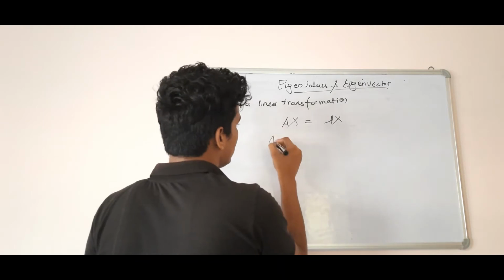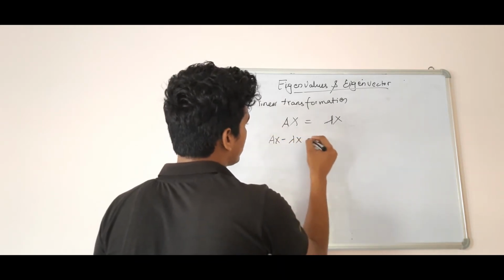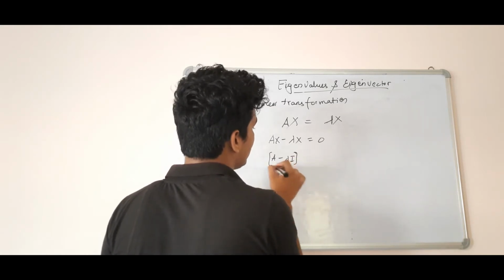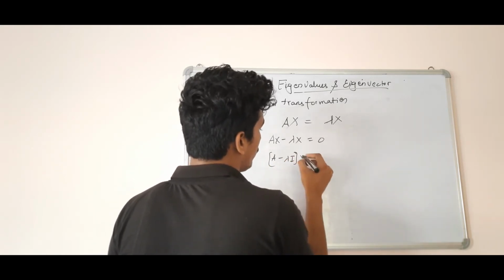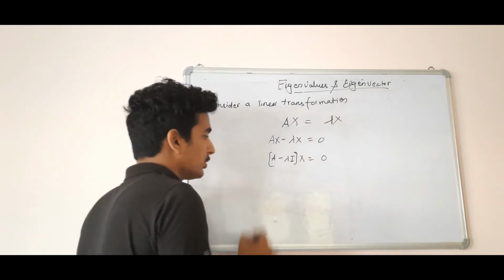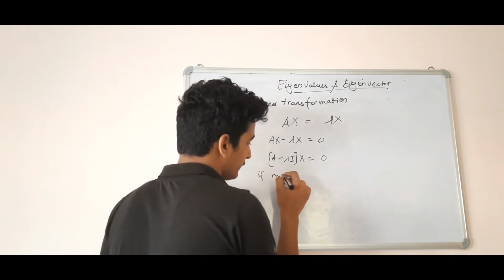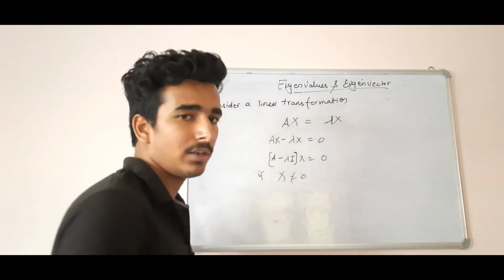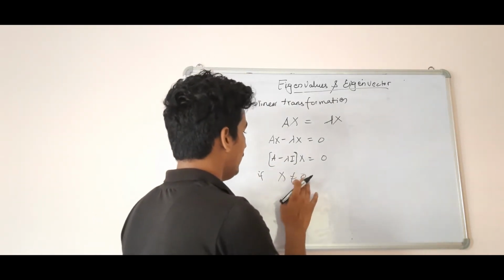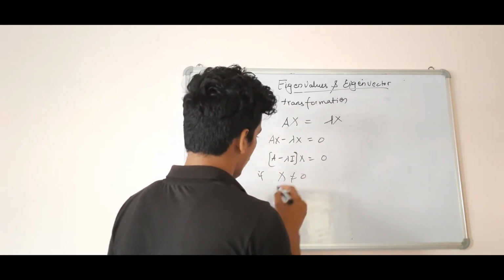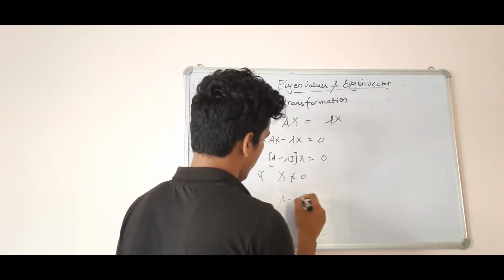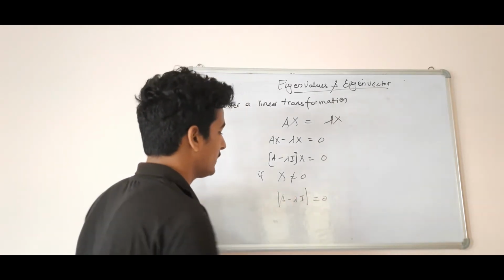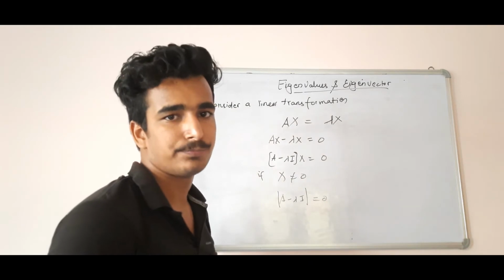If I simplify this, Ax minus lambda x equals 0, so (A minus lambda I) x equals 0. As I told you, this lambda is just a scalar, so I have to use the identity matrix. If my state x is not equal to null, not a null matrix, then the determinant of this thing is 0. Determinant of A minus lambda I is 0.